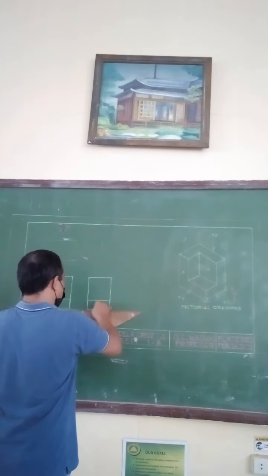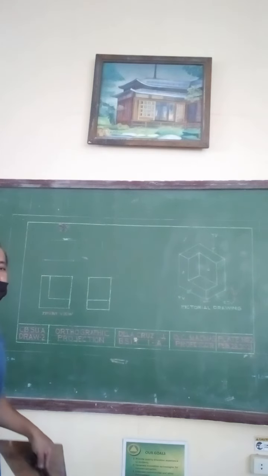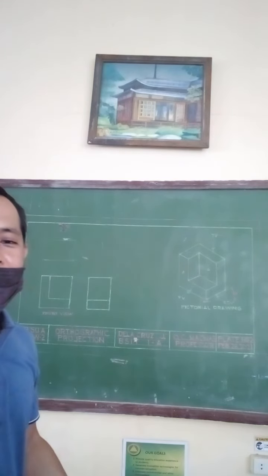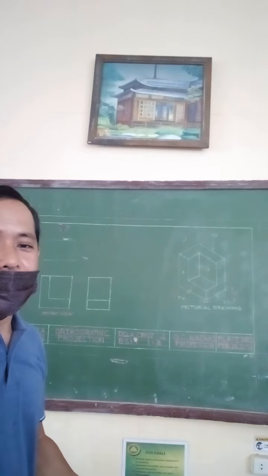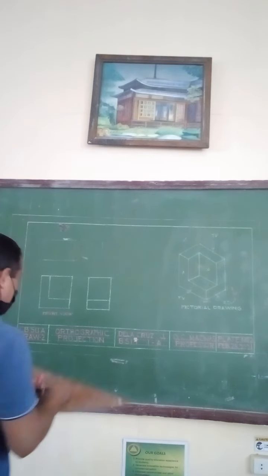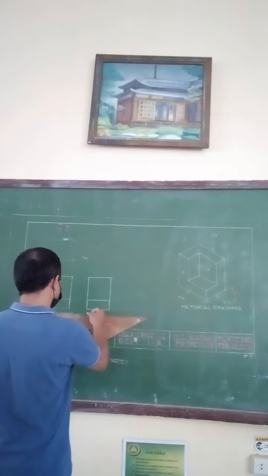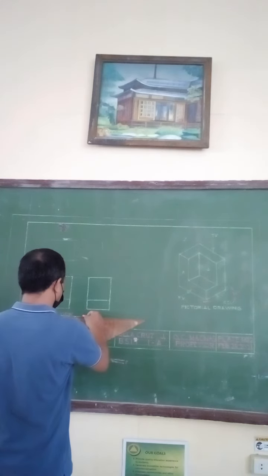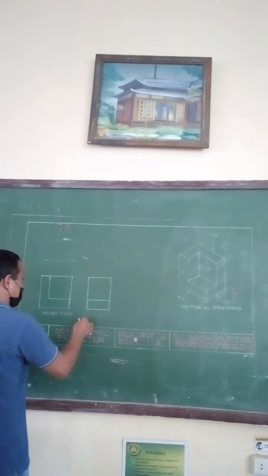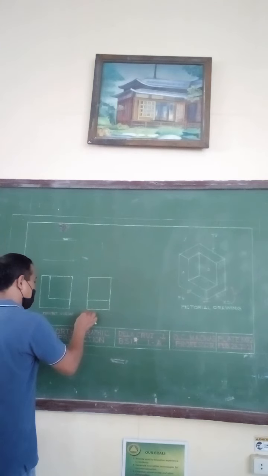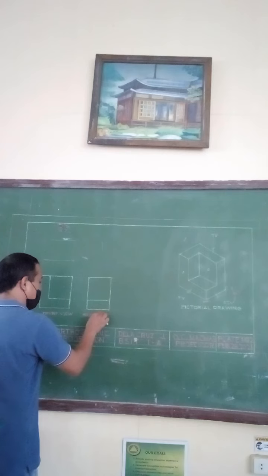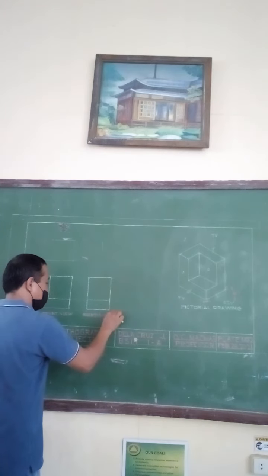This is not the actual shape of the right side view, as you see on the video. And of course, we put such labels and have a guideline for lettering. Right side view.